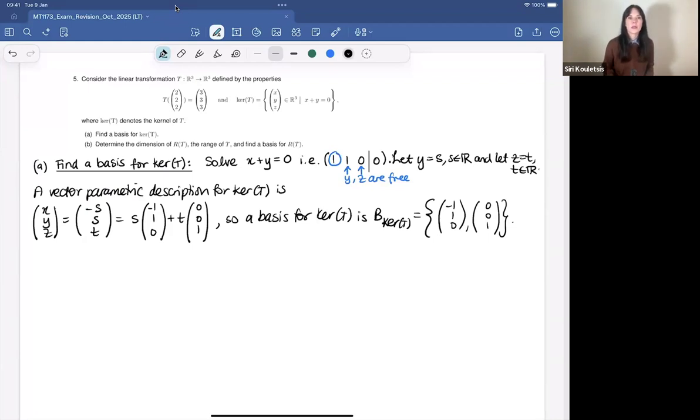And now we want to determine the dimension of the range of T and find a basis for the range of T. So have a think about that. In particular, you can work out the dimension of the range of T by recalling the rank nullity theorem for linear transformations.